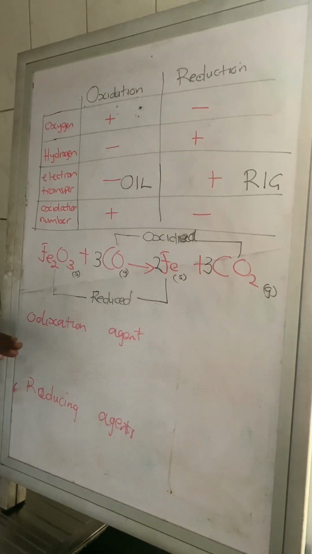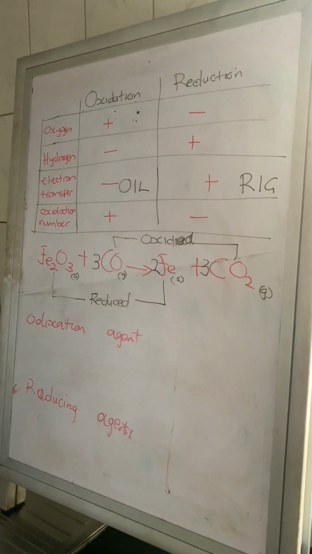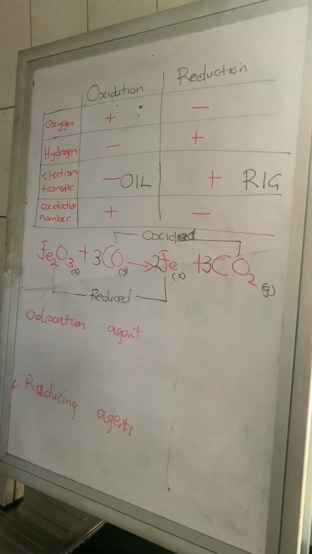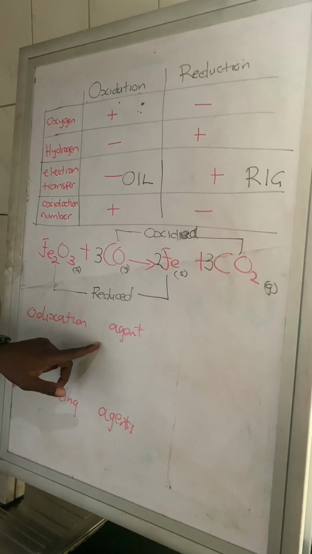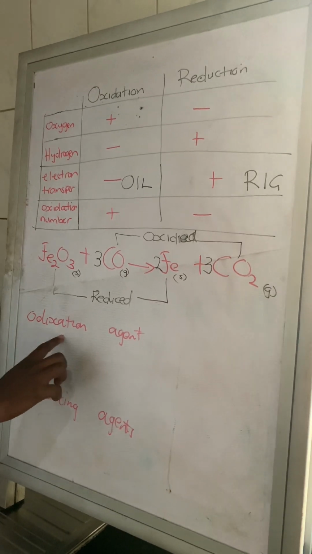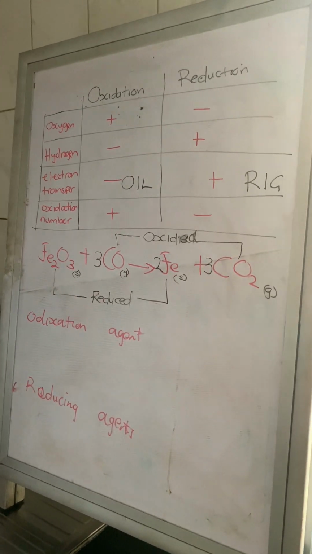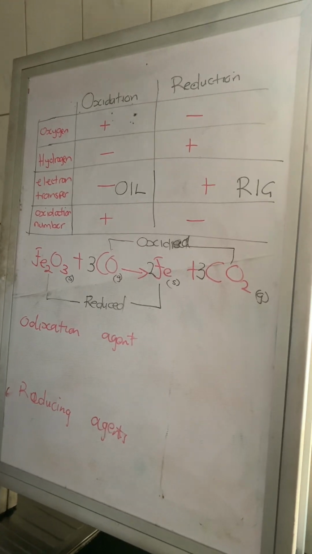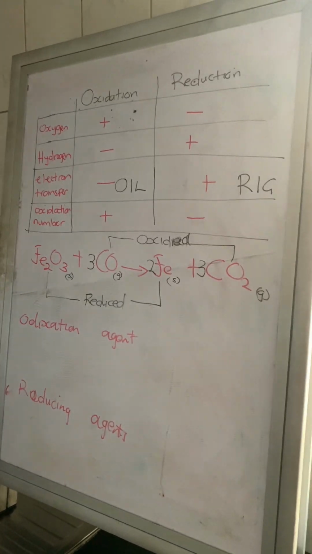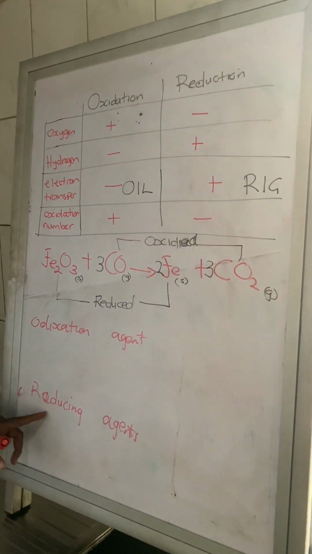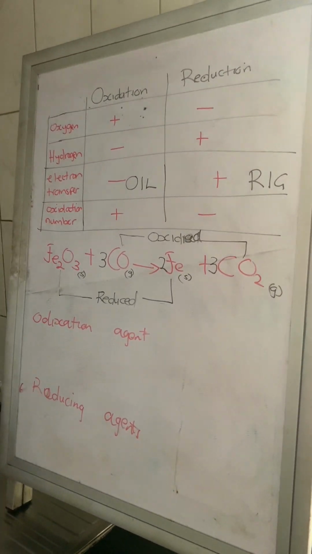An oxidizing agent is a substance that promotes oxidation and is itself reduced in the process. However, a reducing agent is a substance that promotes reduction and is itself oxidized in the process.